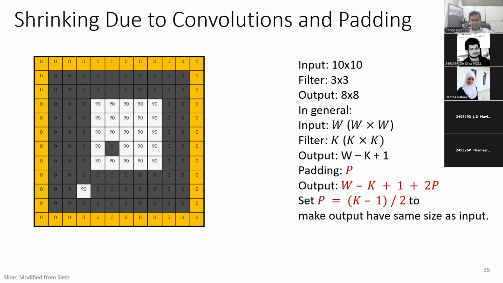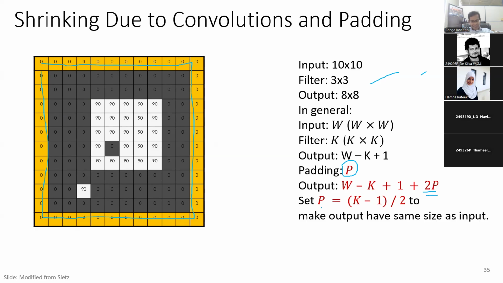If you actually think about this further, if you take padding size P, that means you pad the image with a series of zeros, for example, or whatever number, then the output size will have this plus 2P.